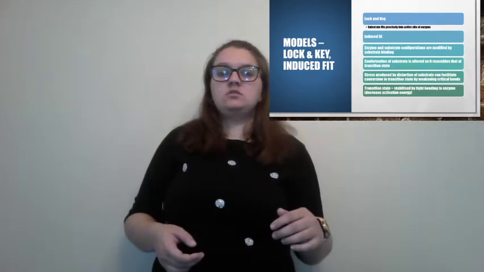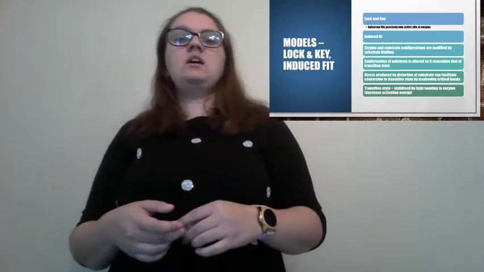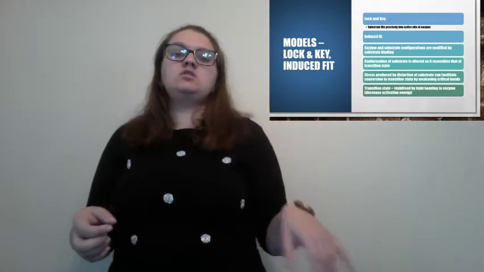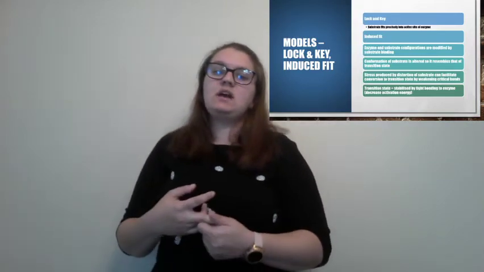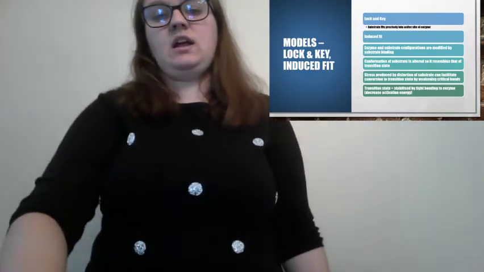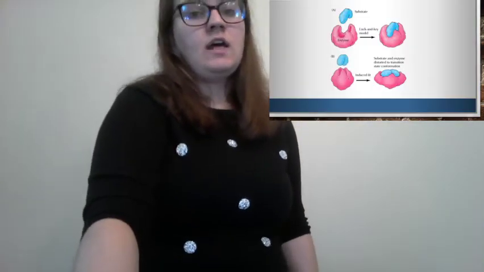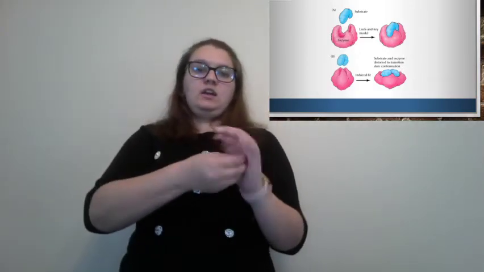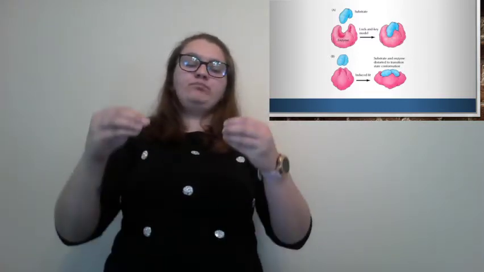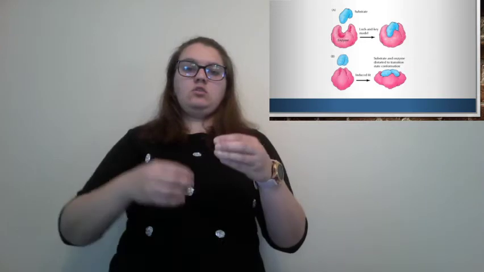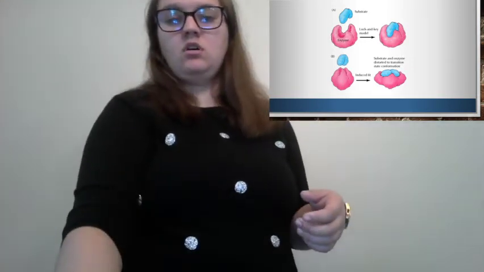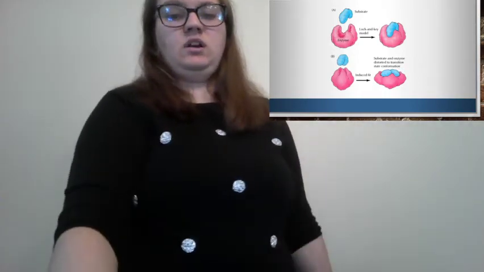Stress produced by distortion of the substrate can facilitate conversion to the transition state by weakening critical bonds, and then the transition state is stabilized by tight bonding to the enzyme, so a decrease in activation energy. And this is a picture of the lock and key model, so it fits like a key in a lock. And then the induced fit, the molecule changes to fit the enzyme, so it changes completely.